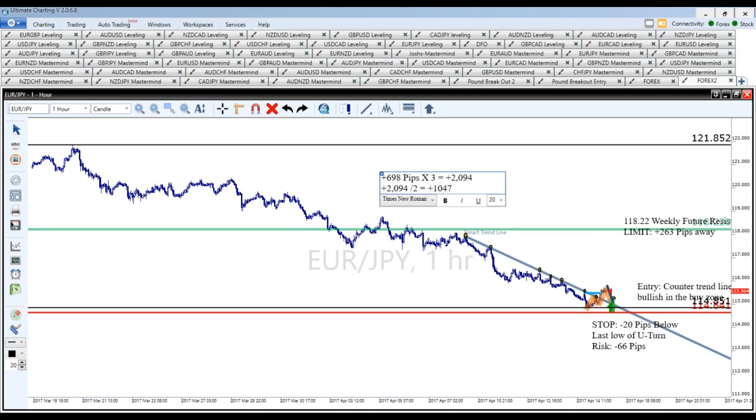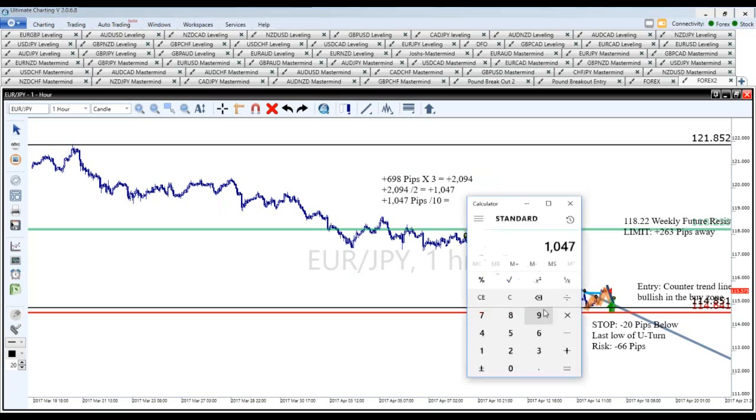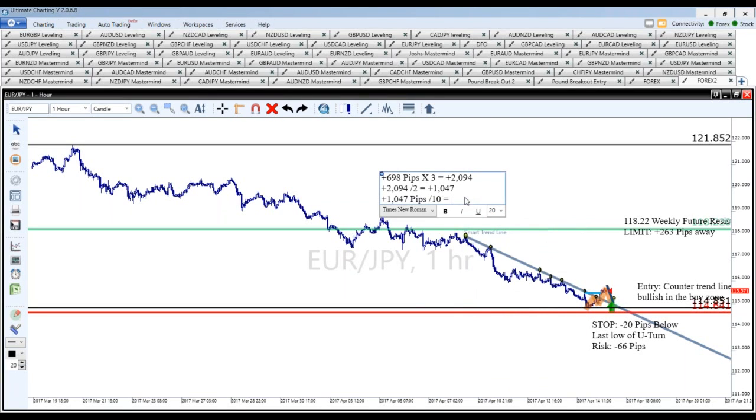Then we take 1047 and divide that by 10, and that is 104. So we have 104 pips as the distance.